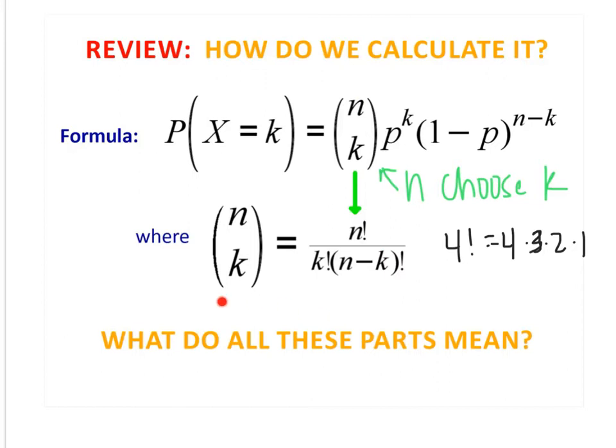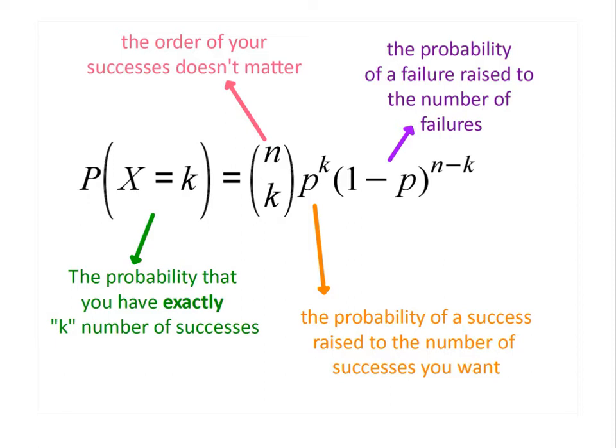But we really broke it down and said, what do all these parts mean? This giant formula, what are these four pieces? The first piece is the probability that you have exactly k successes. So the probability that x equals k means the probability the number of successes is a number, and k is going to be a number. This piece with all the factorials tells us the order of successes doesn't matter, meaning I can get a success on the first, second, third trial, or I can get a success on the 4th, 9th, and 11th trial.